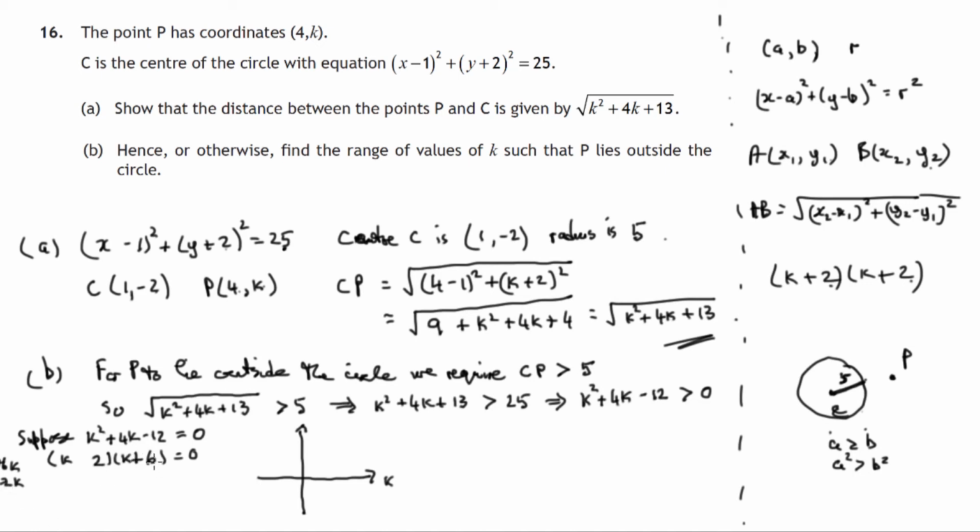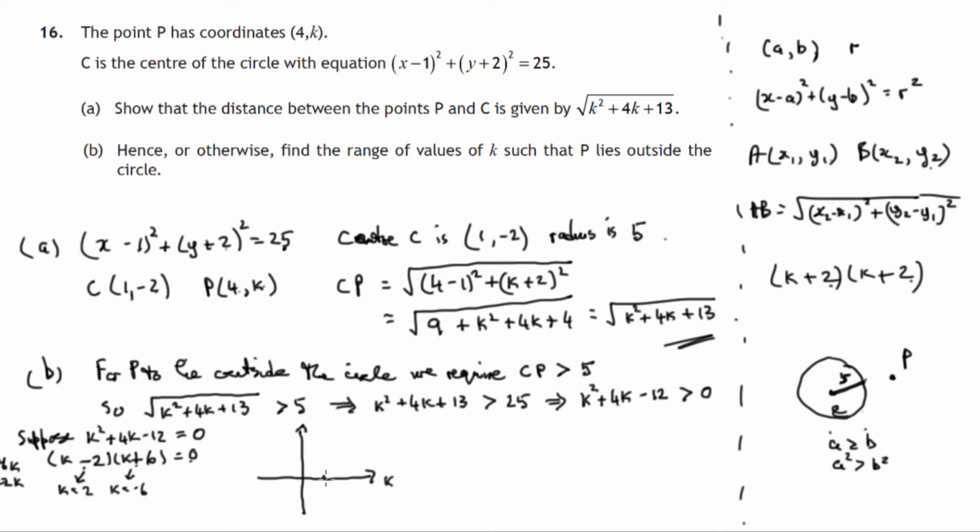So we'd be adding 6k, subtracting 2k to get 4k, and negative 2 times positive 6 does give me negative 12. So there we've factorised it: (k minus 2)(k plus 6). This factor times this factor is 0, so one of these two factors is 0. If k minus 2 was 0, k would be 2. If k plus 6 is 0, then k would be negative 6.